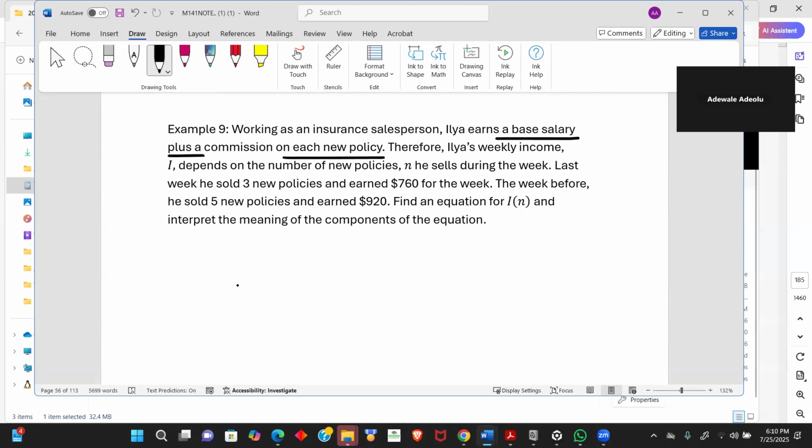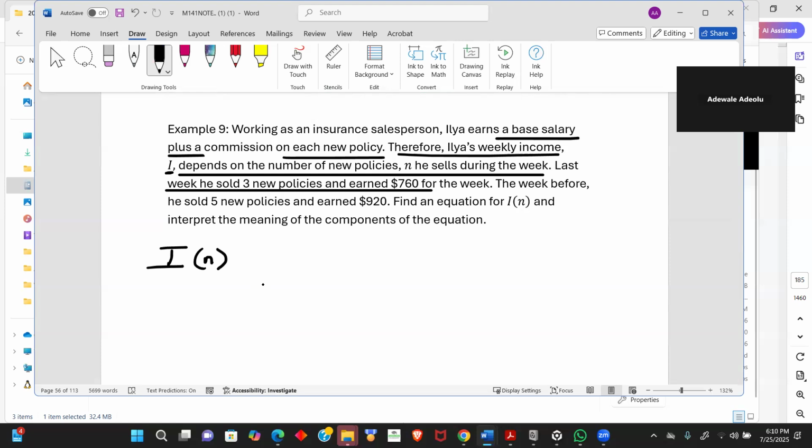She has some base salary plus a commission. Therefore, Ilya's weekly income, which is I, depends on the number of new policies she sells during the week. Last week, she sold 3 new policies and earned $760 for that week.